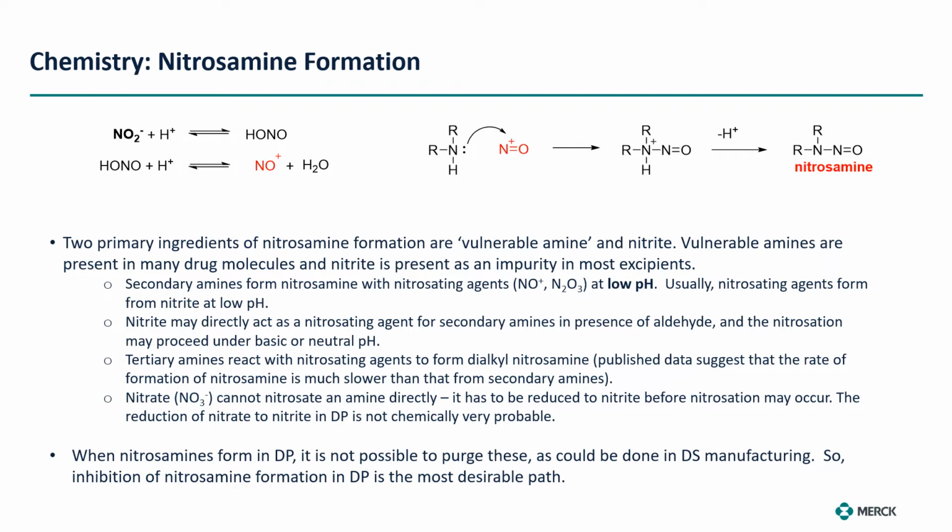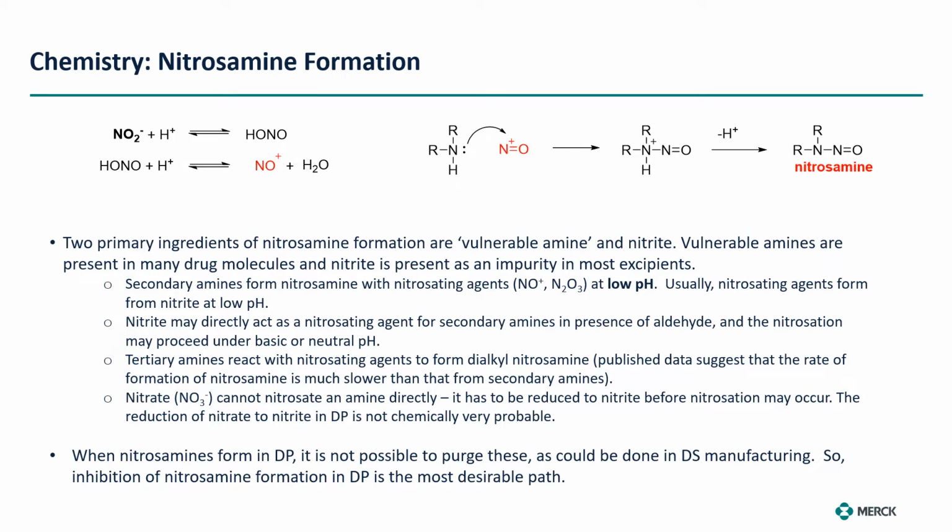Another thing we should remember is that nitrate, not nitrite, nitrates are not a problem for us. Usually, if we have nitrate as an impurity in drug product, they will not form nitrosamines under the conditions which drug products usually experience.